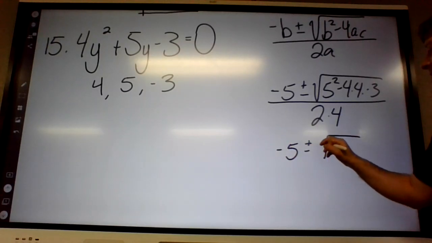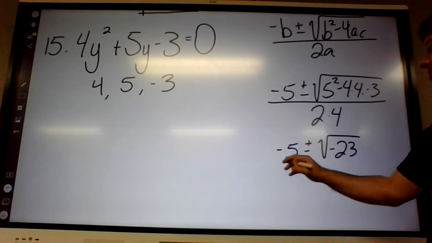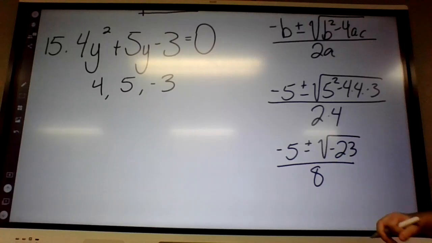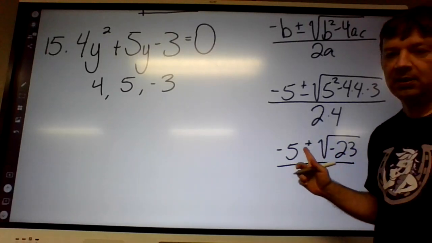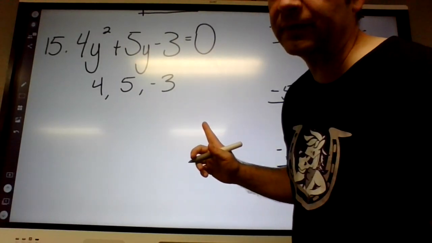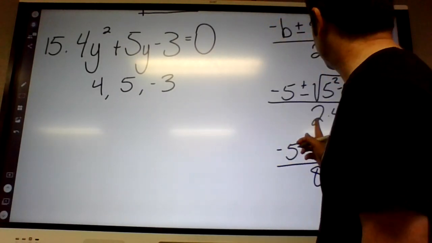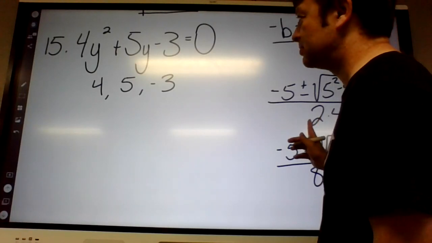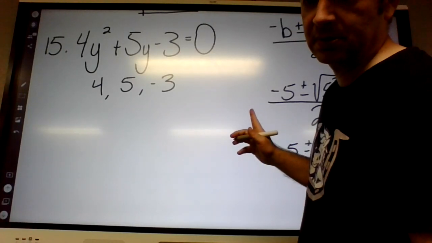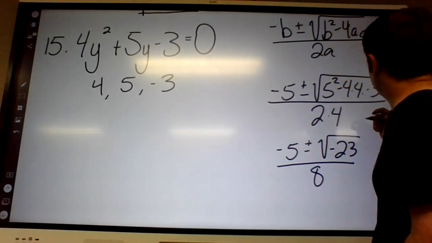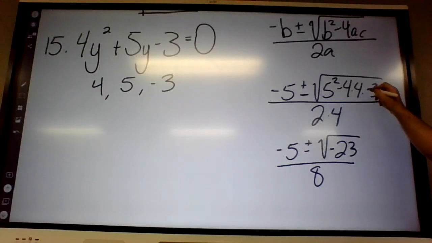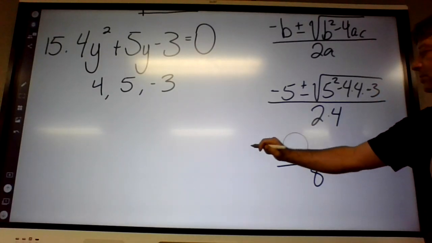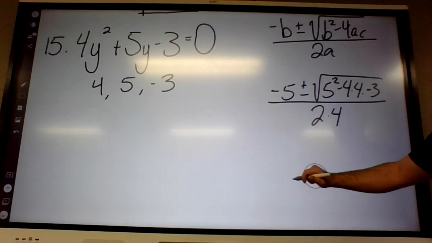Okay, most of your calculators won't be able to do this one, because they don't have the complex one like I do. I did something wrong, though. I didn't use a negative right here. My calc says error.